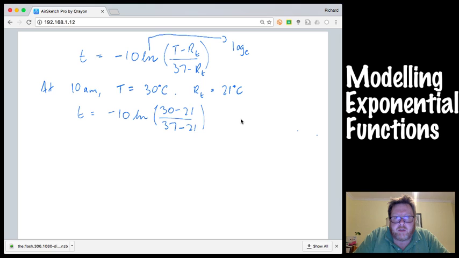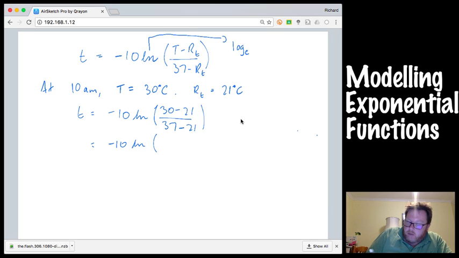I should point out that 37 degrees would be considered the average regular human body temperature when alive. That's where the 37 comes from. Let's calculate this. Equals negative 10 ln. 30 minus 21 is 9, over 37 minus 21, which is 16. So it's negative 10 ln 9 over 16.